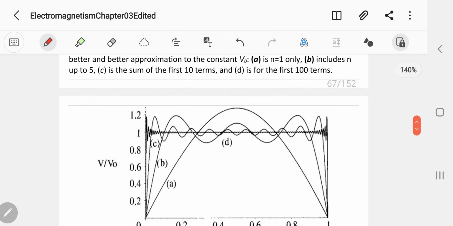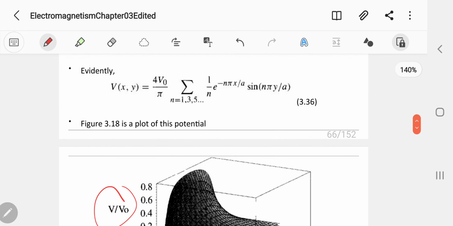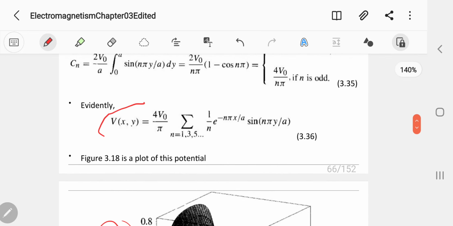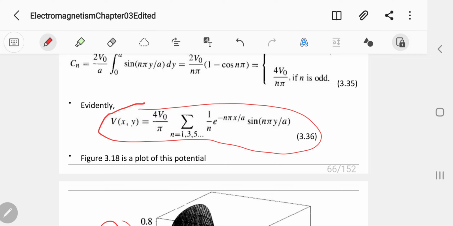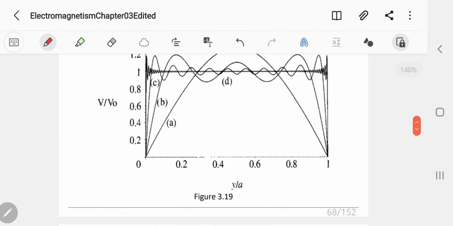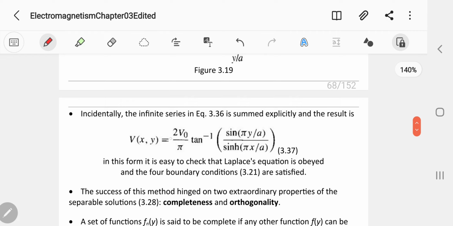So actually this one here, you can further simplify into a closed form. You can find the identity, and it's equal to that. You can find the identity, and you'll be able to get this.